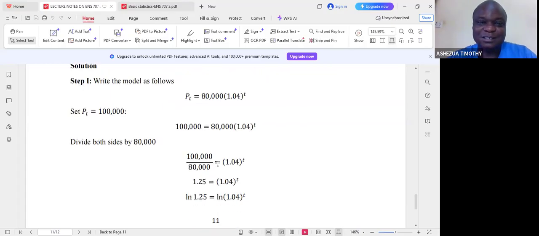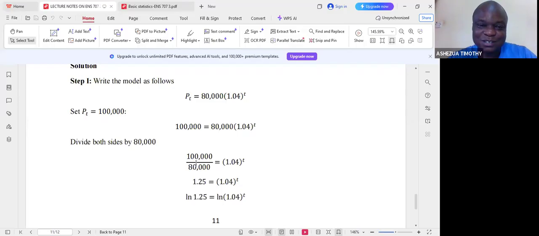And if you do that, this 80,000 will cancel out. So here on the left-hand side, you have 100,000 over 80,000. Even here, 4 zeros will cancel out. This last 3 will cancel this last 3.